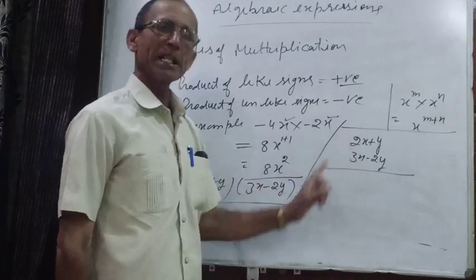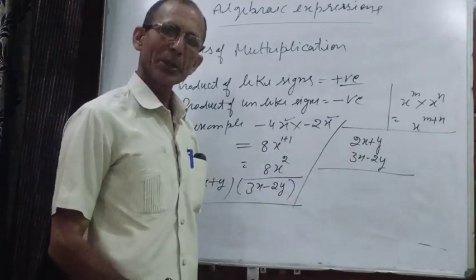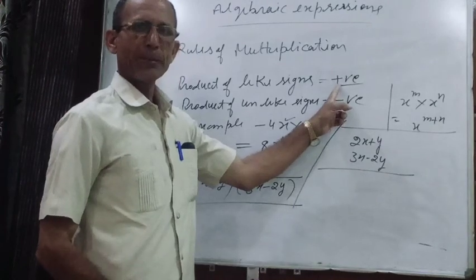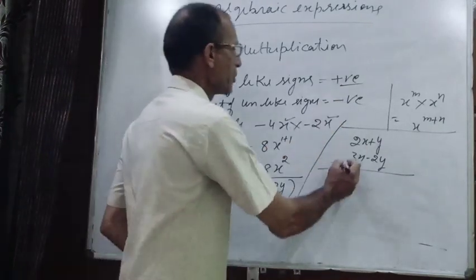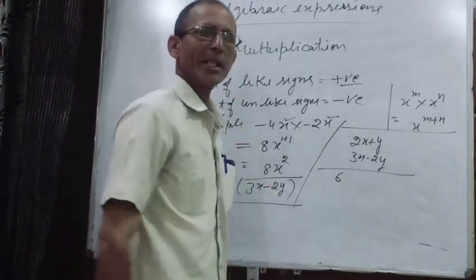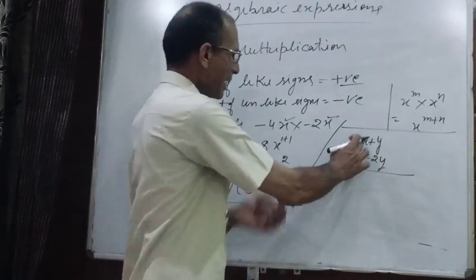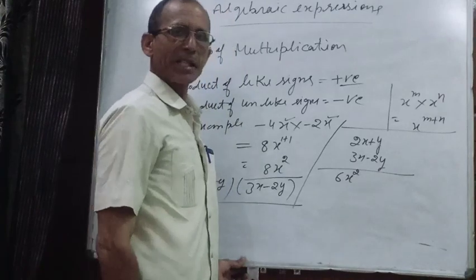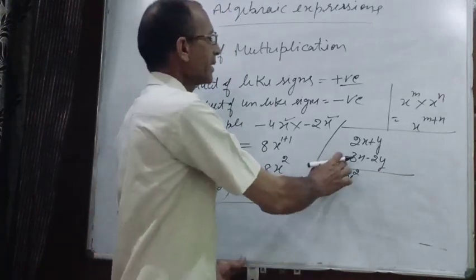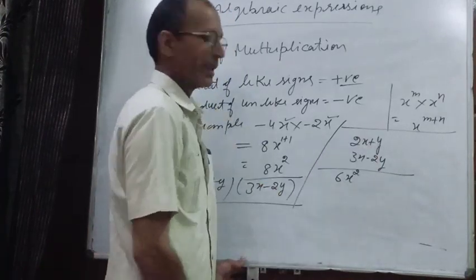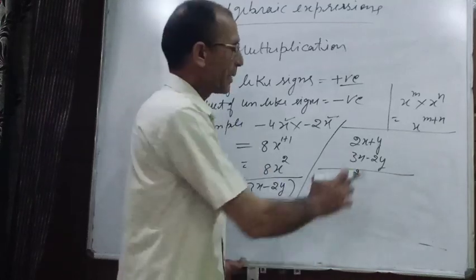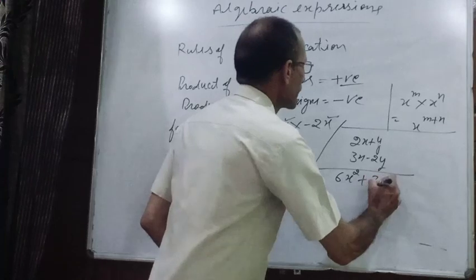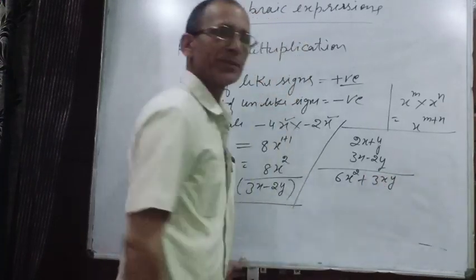First 3 multiplied with 2, both are positive, it means plus. So I told you the result will be plus. So 3 times 2 is 6. Now x with x, x square. 3x multiplied with y. These are unlike terms because this is x, this is y. So their product will be 3xy.